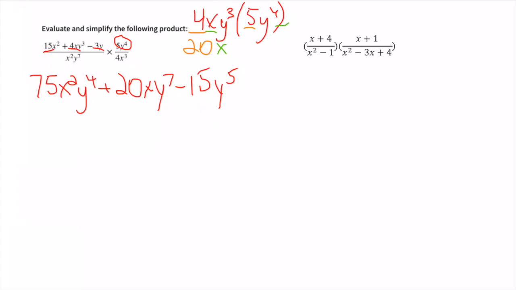Okay, and then third, from my exponent rules, I can now multiply the y's together, so I end up with y to the 7, which is just 3 plus 4. Okay, so that's where this middle term is coming from. Okay, and I repeated that process for each of the values on top.